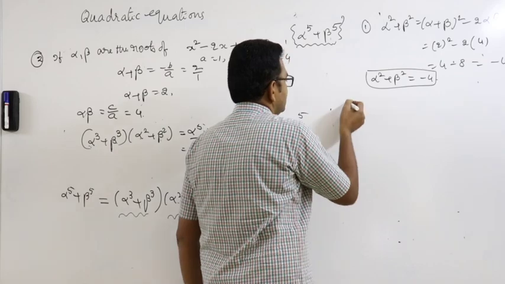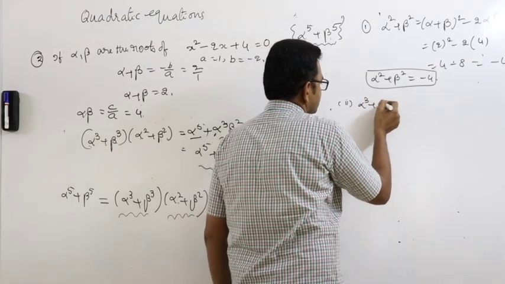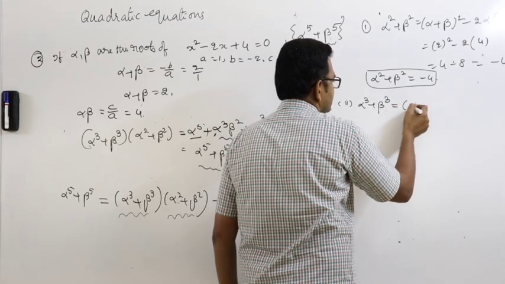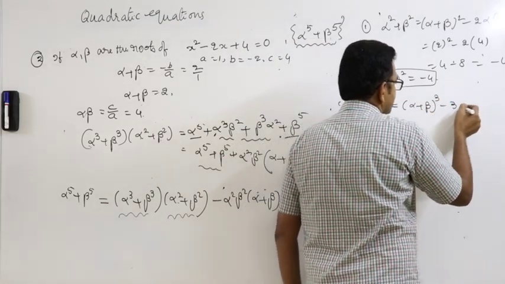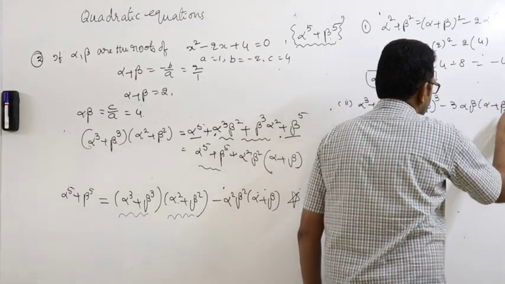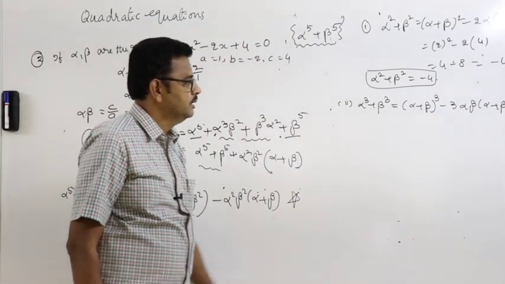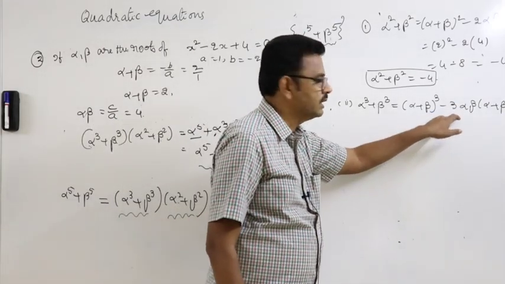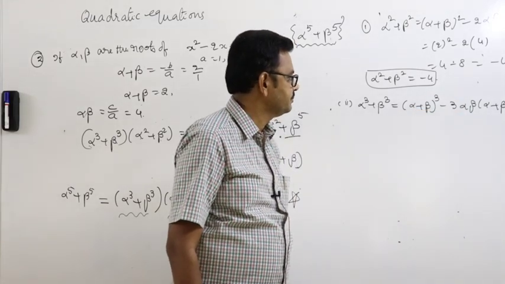And next I have to find alpha cube plus beta cube, which is alpha plus beta whole cube minus 3 alpha beta into alpha plus beta, same as the previous sum. Already we discussed it.